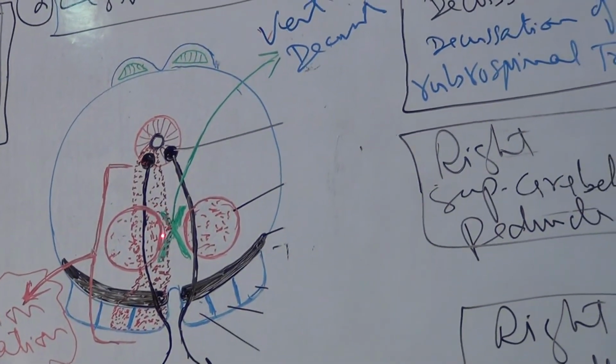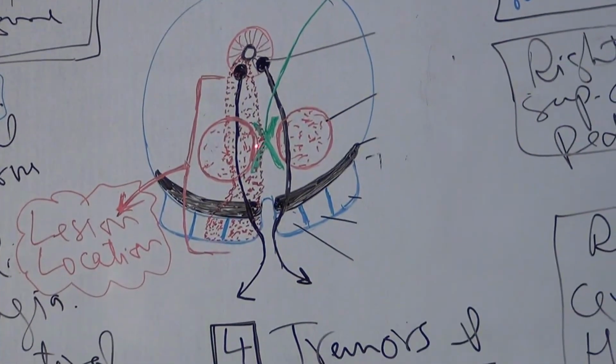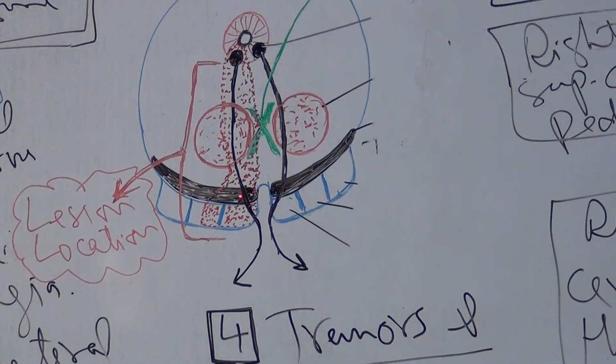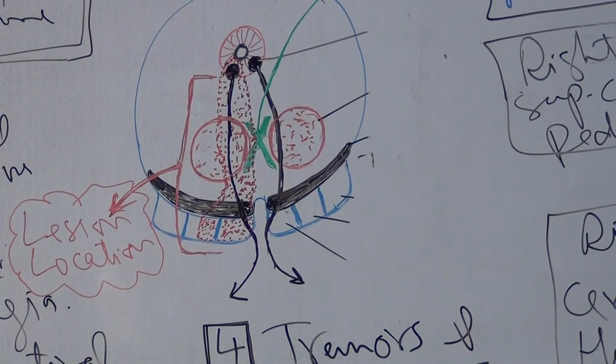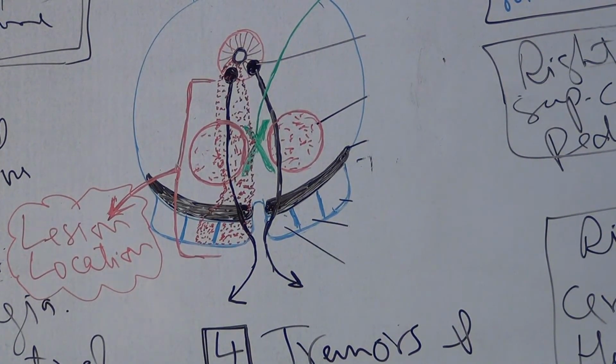We discussed damage to the red nucleus and the ventral tegmental decussation, and then damage to the medial most part of the substantia nigra in the form of tremors and chorea, which may be present or may not be present and may not be prominent.